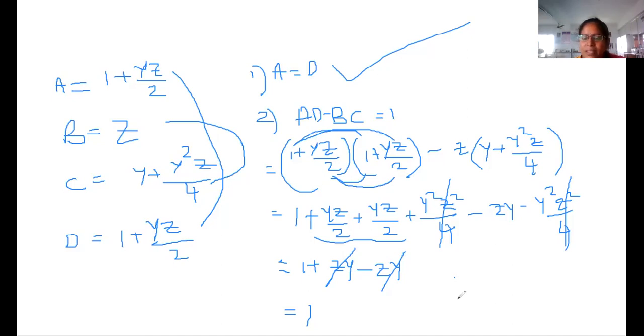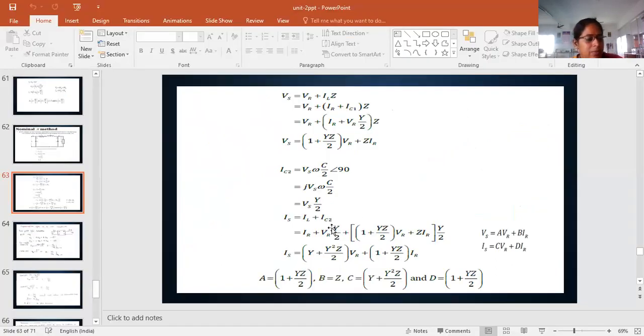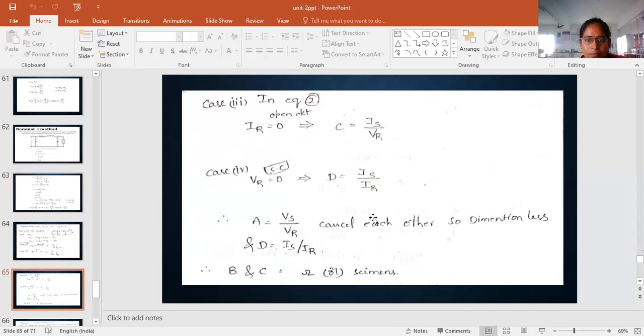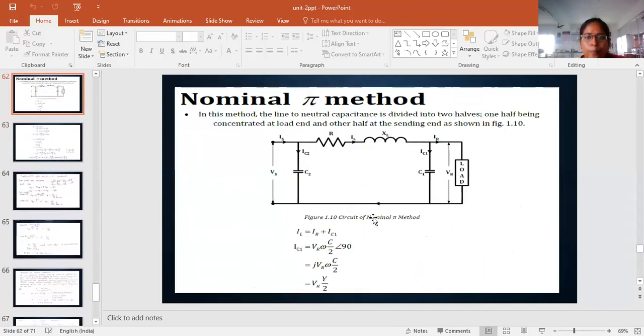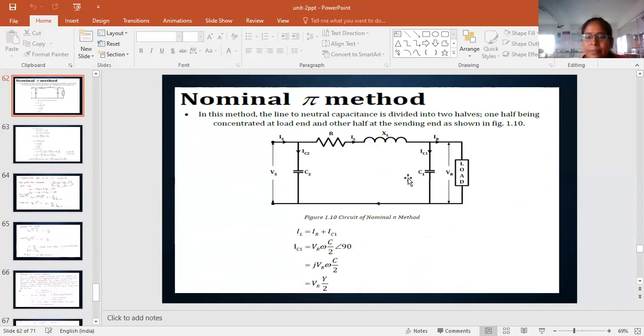In the nominal pi method, we can calculate the sending end current and sending end voltage in the form of receiving end current and receiving end voltage.